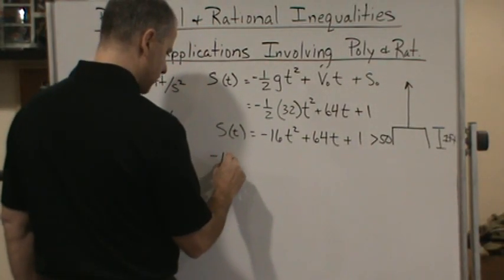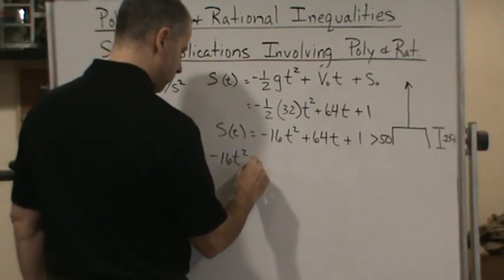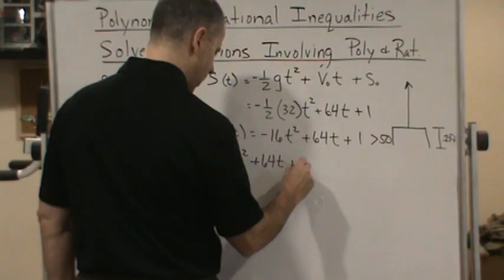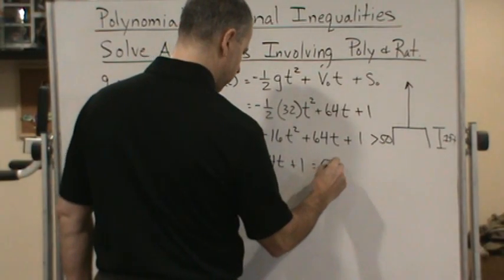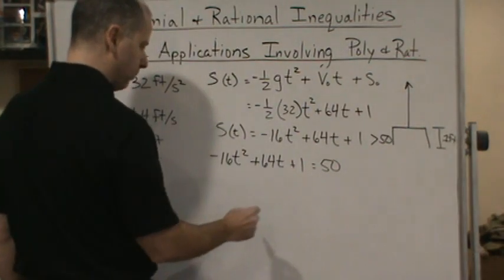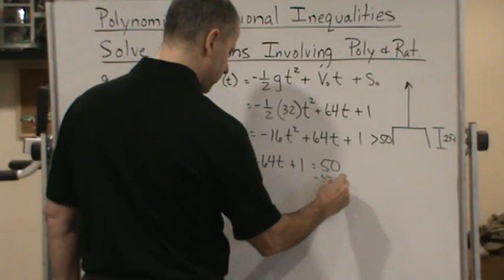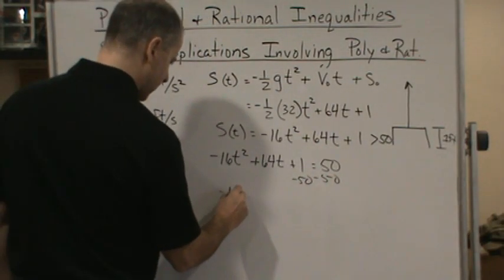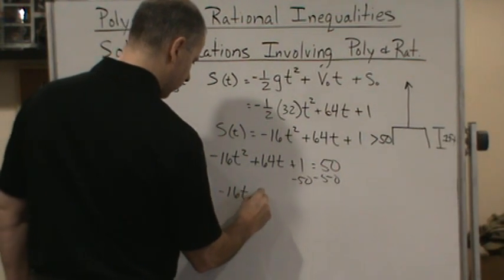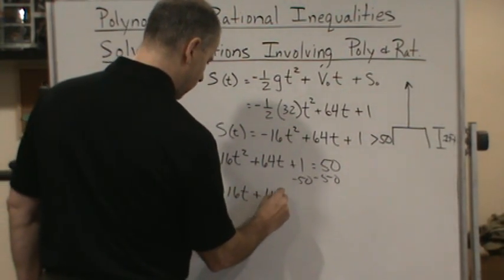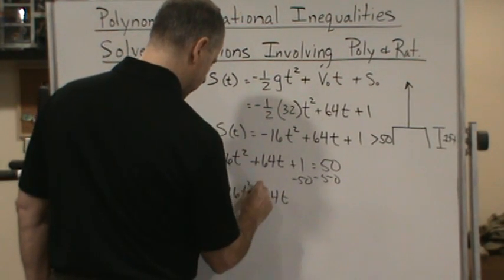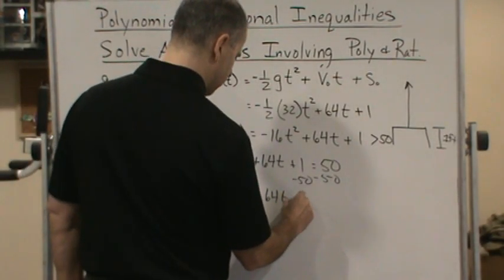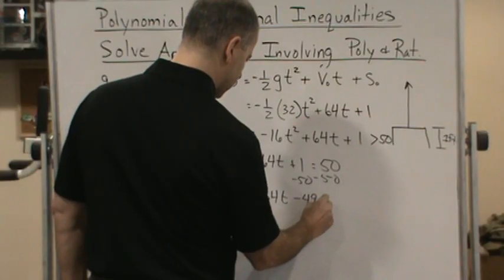So negative 16 t squared plus 64t plus 1 is equal to 50. Now we subtract 50 from both sides, and we get negative 16t squared plus 64t minus 49 is equal to 0.